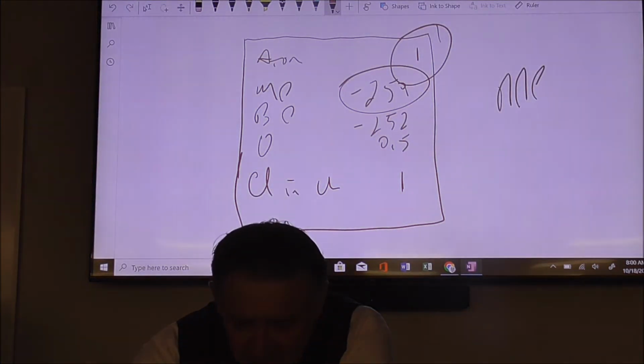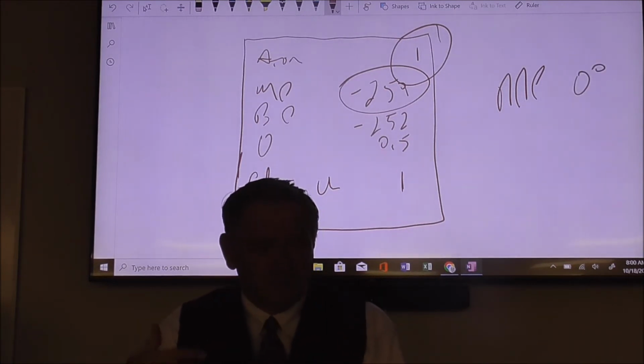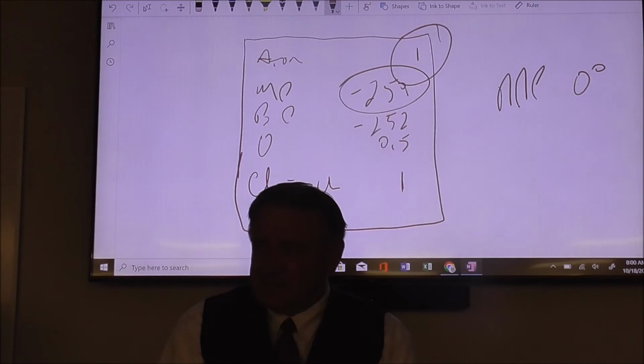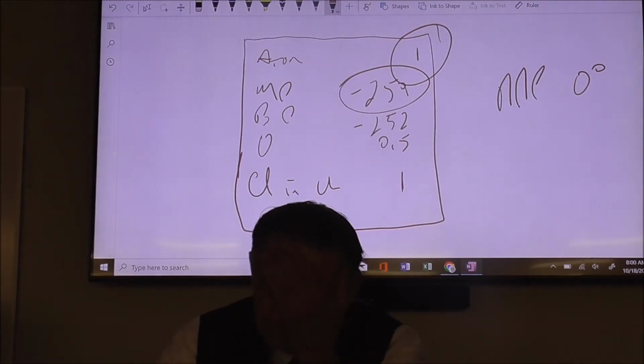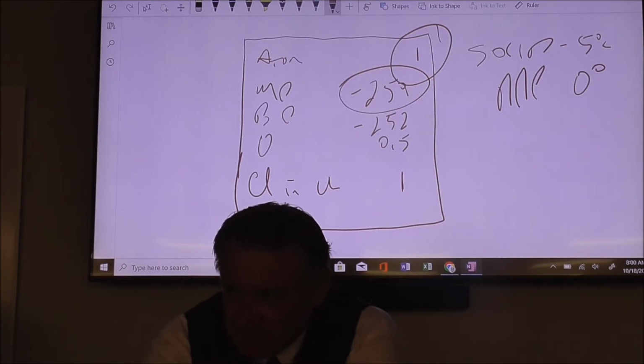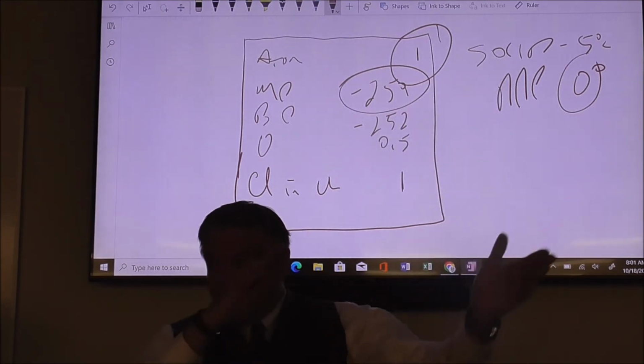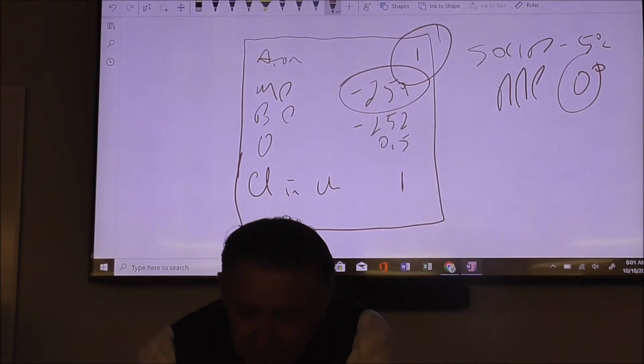The melting point of water is 0 degrees Celsius. So if you're below 0, what phase are you going to be in? Solid. If you're at minus 5, wouldn't that put you as a solid, right? So if you hit 0, that's when you're going through that phase between solid and liquid, right?